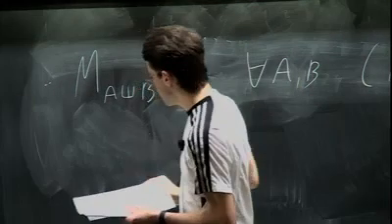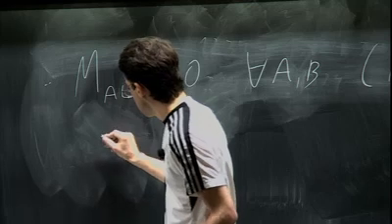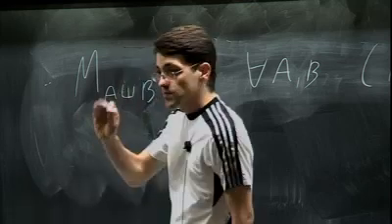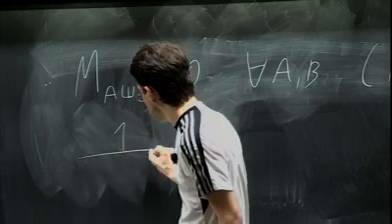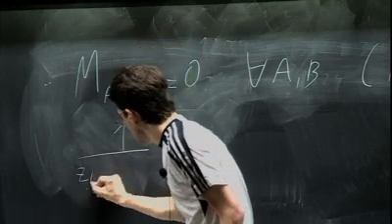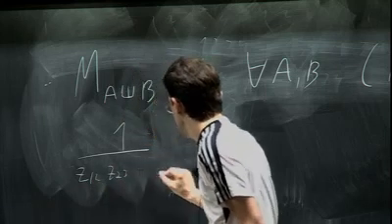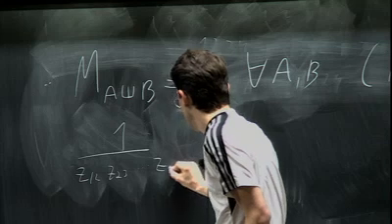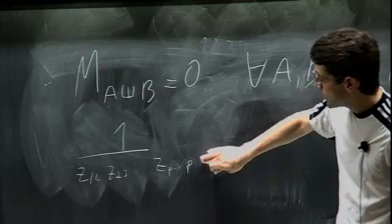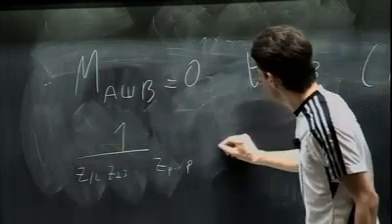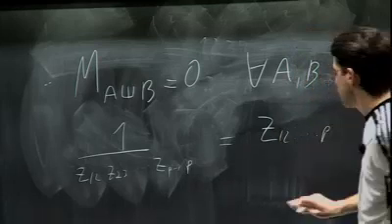Another observation, something very similar to what Freddy was describing this morning: the set of 1 over z12, z23, until z p minus 1 p. So we don't close the cycle. Let's denote this as z12 until p.